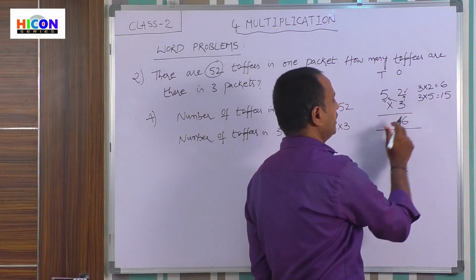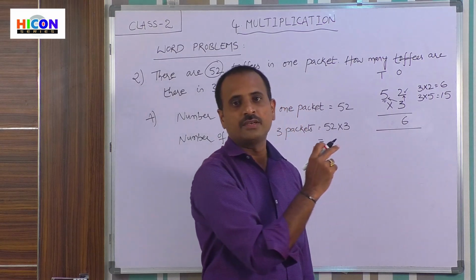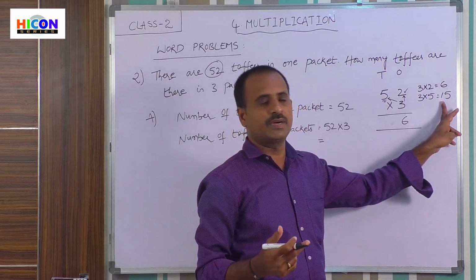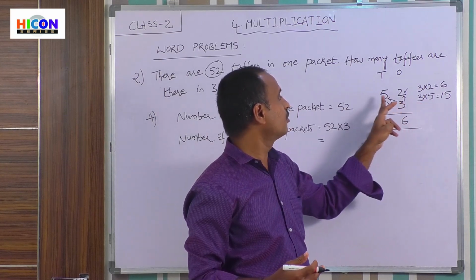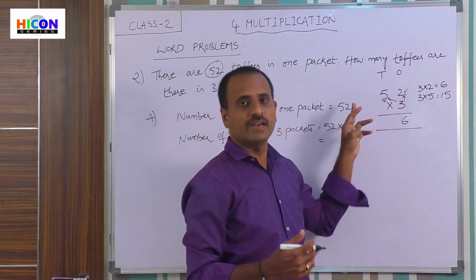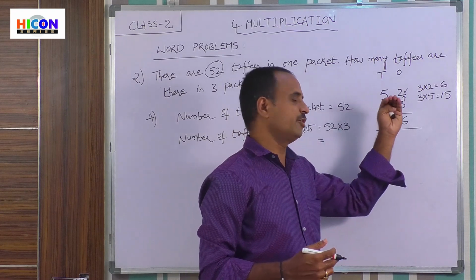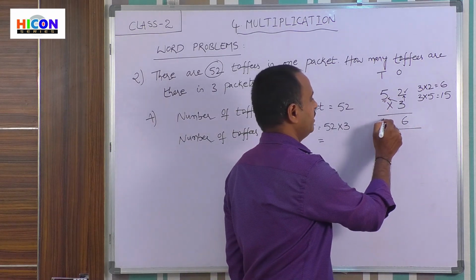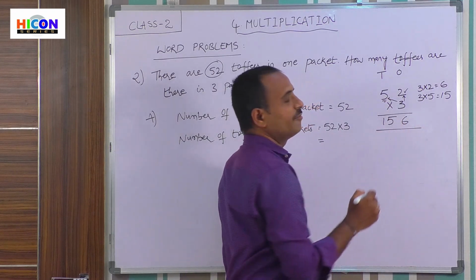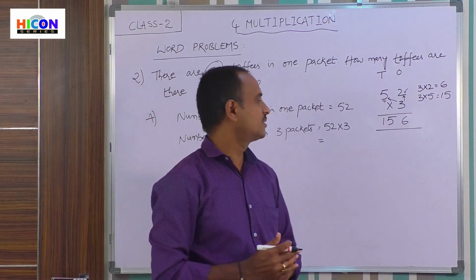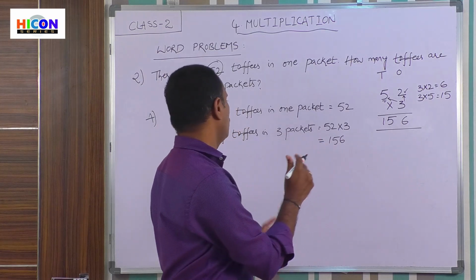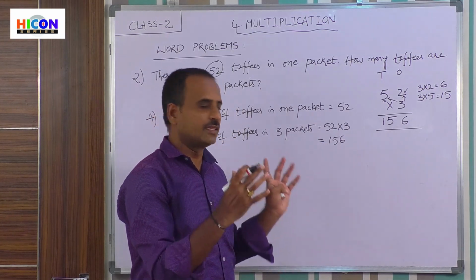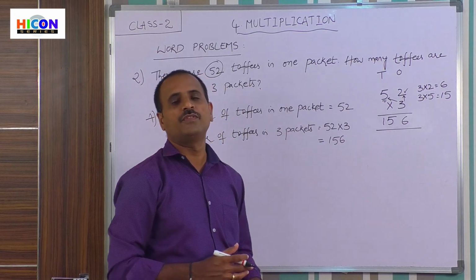So write 15 here under 10's place. Here 15 is a 2-digit number, but there is no need to carry because there are no more digits after 10's place. That's why write the total number 15 under 10's place. So the answer is 156. That means the total number of toffees in 3 packets is equal to 156.